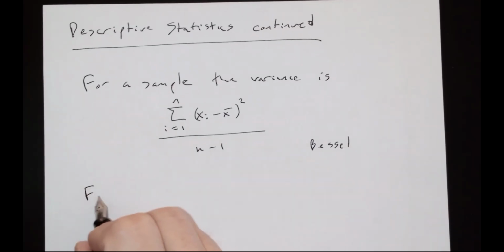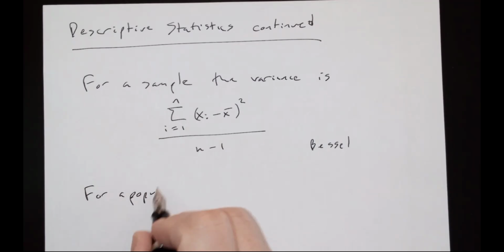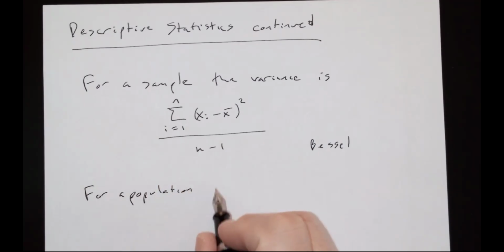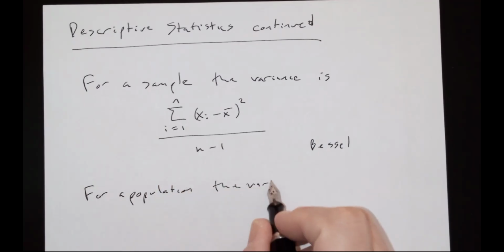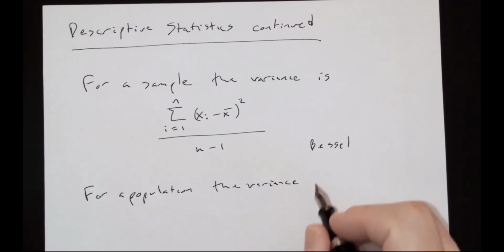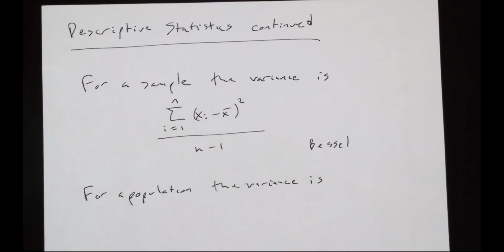In a population, the only difference is the denominator. Now, the symbols change slightly because when we deal with a population, we're dealing with parameters rather than statistics.